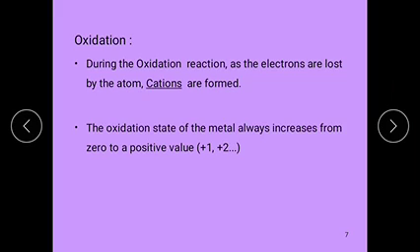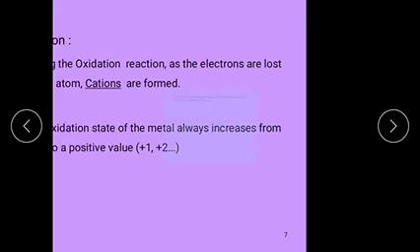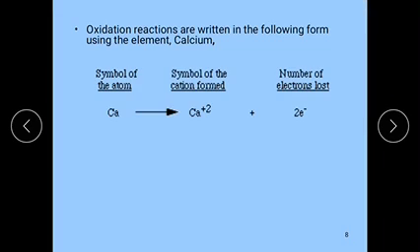When it loses electrons and forms cations, the cations have a positive charge, and this charge is equal to the number of electrons lost by an atom.